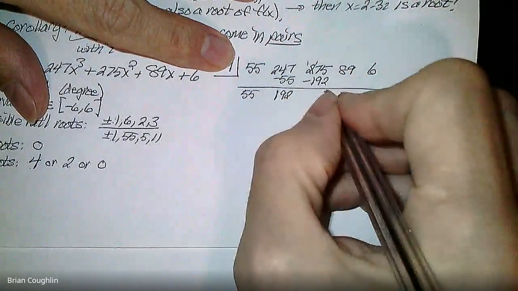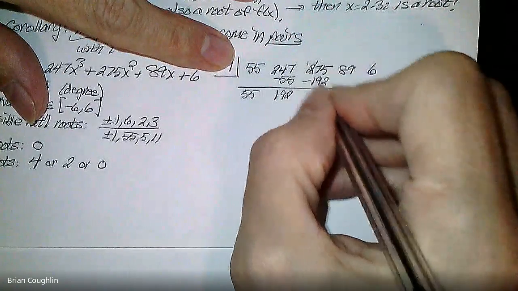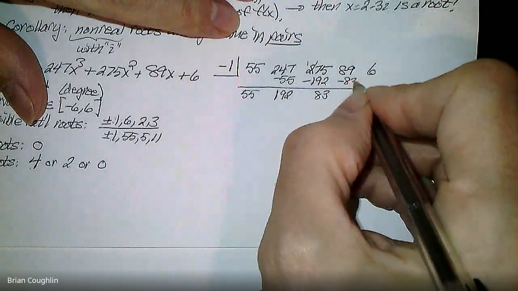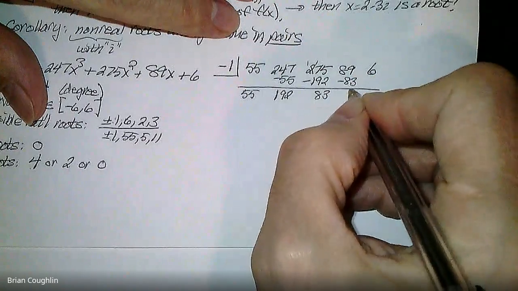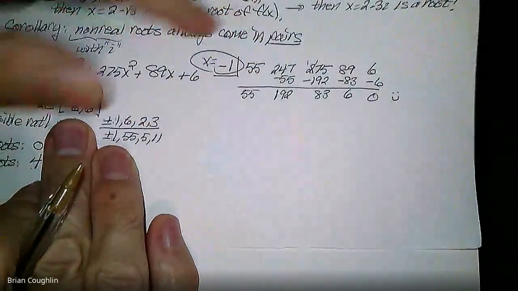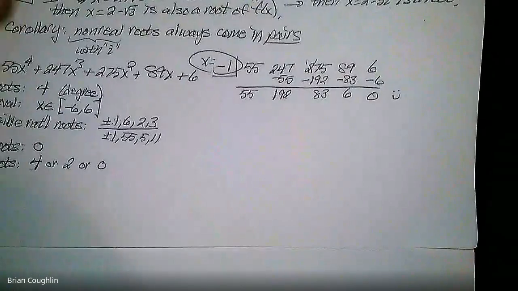Borrow. 17 minus 9 is 8, and then 1 minus 1 is nothing. So it's +83, so this will be -83. This will give you +6, multiply -6, and glory be to God, we've got a root. You're welcome, by the way. I did design that so that it wouldn't take forever.